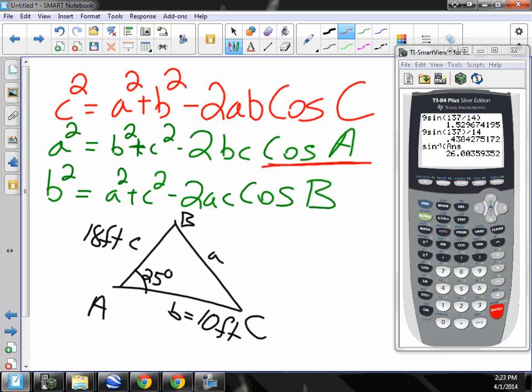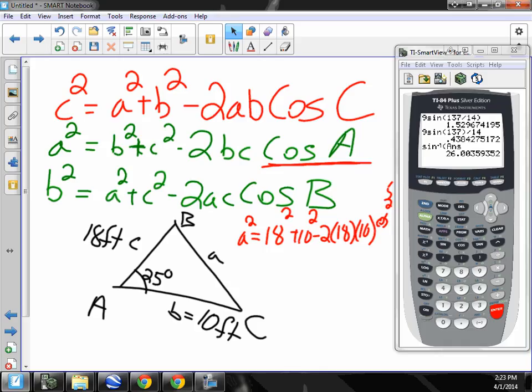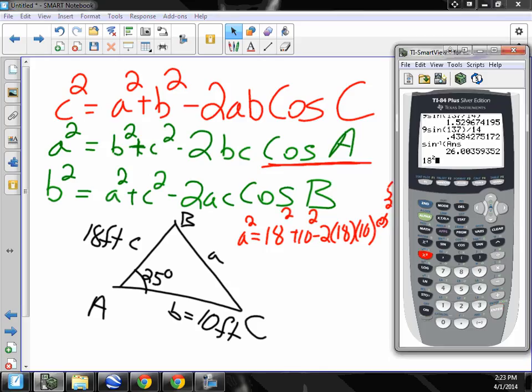So I have to use the middle formula because it's the only one that uses angle A. And then the formula is just plug and chug, basically. a squared is unknown equals 18 squared plus 10 squared minus 2 times 18 times 10 times the cosine of 25. I ran out of room. Plug that in.